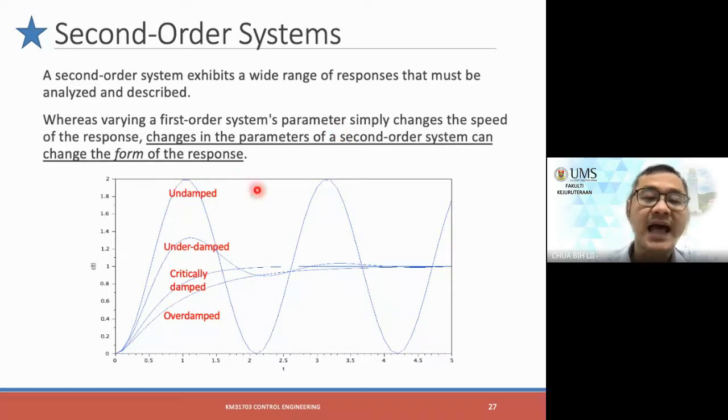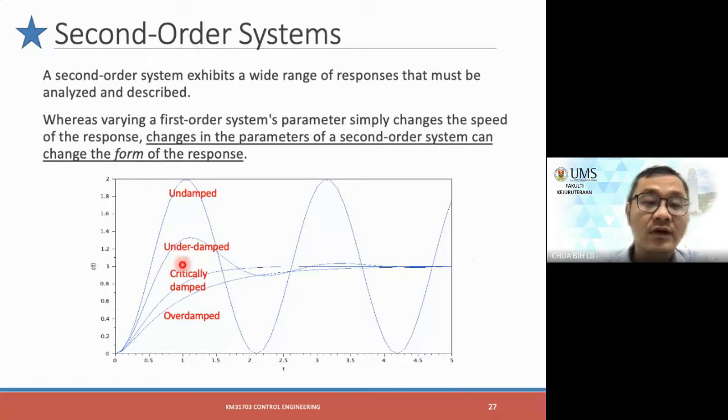We call this undamped, meaning it will continue forever like this. No damping occurs. Then for the underdamped case, it will slowly be damped. It will still oscillate, but after some time it will be damped out to a steady state value.